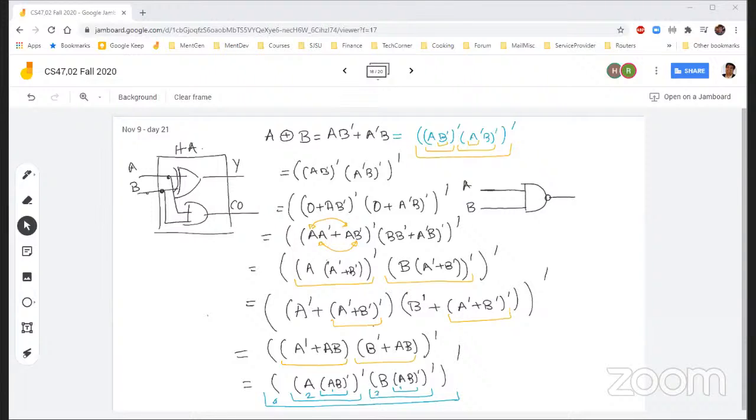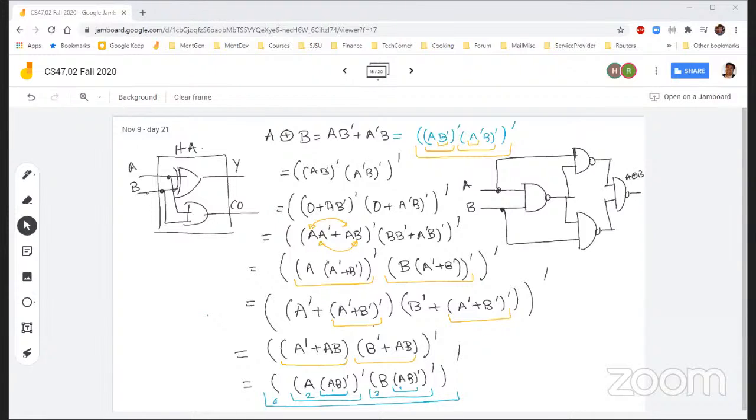Then we NAND it with A, NAND it with B, and this becomes A XOR B. So that's a four-NAND implemented XOR gate.